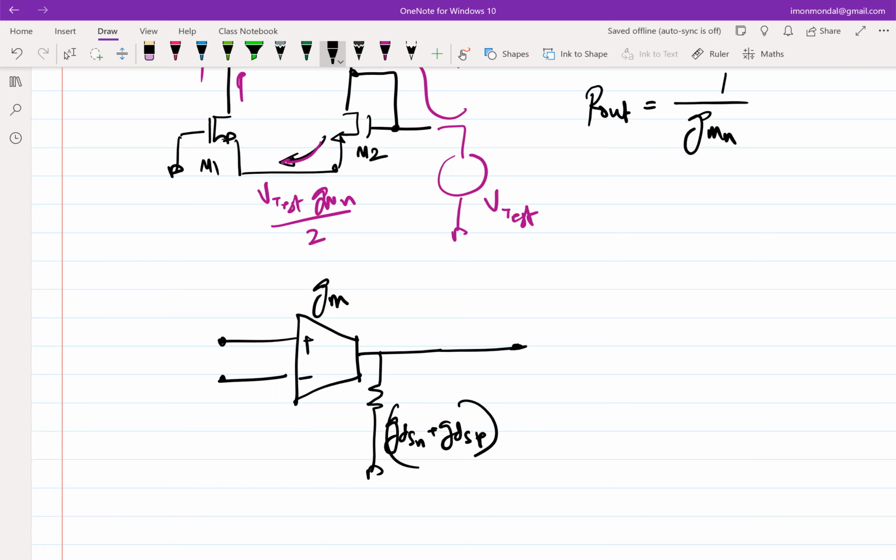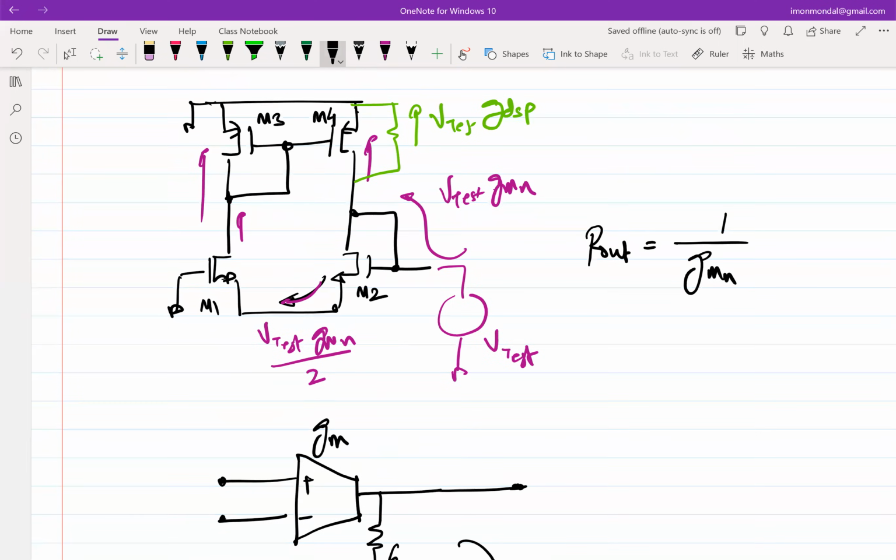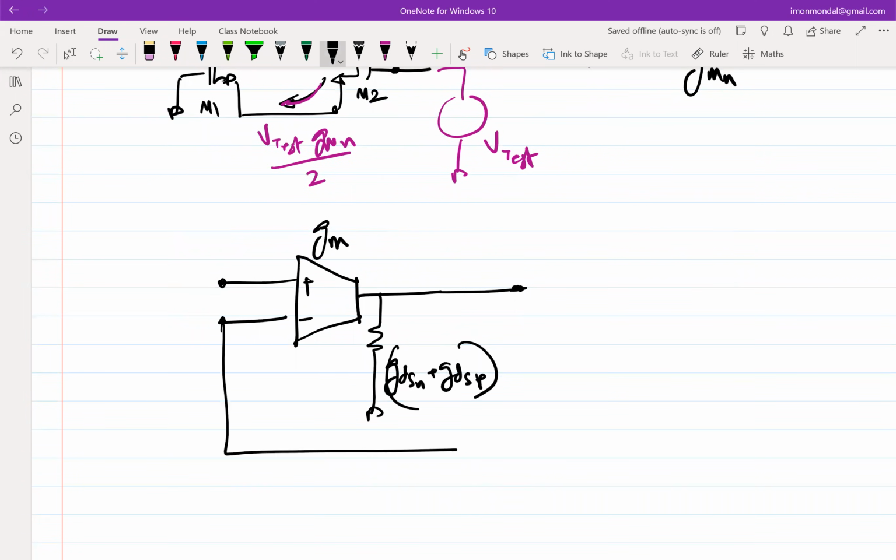And this diode connection of M2, that is the input to output, is essentially a representation of this. The positive terminal is incrementally grounded, and I'm trying to figure out what is R out. So if I try to figure out what is R out, then what do I do? I apply a V test there, and then try to see what is the test current that I'm drawing.